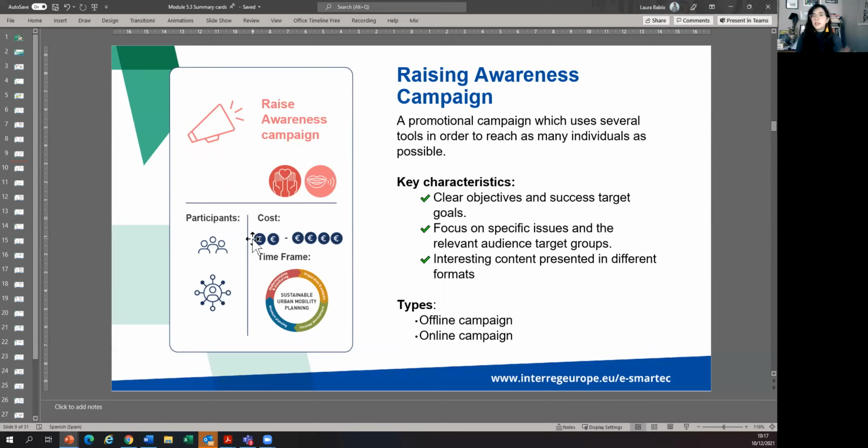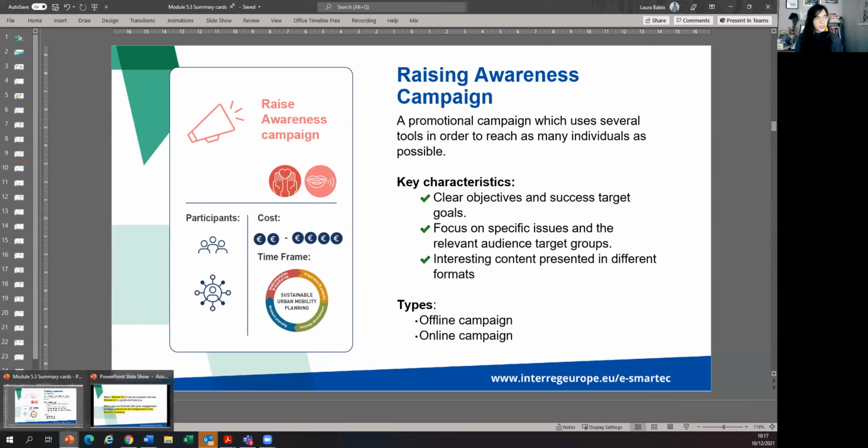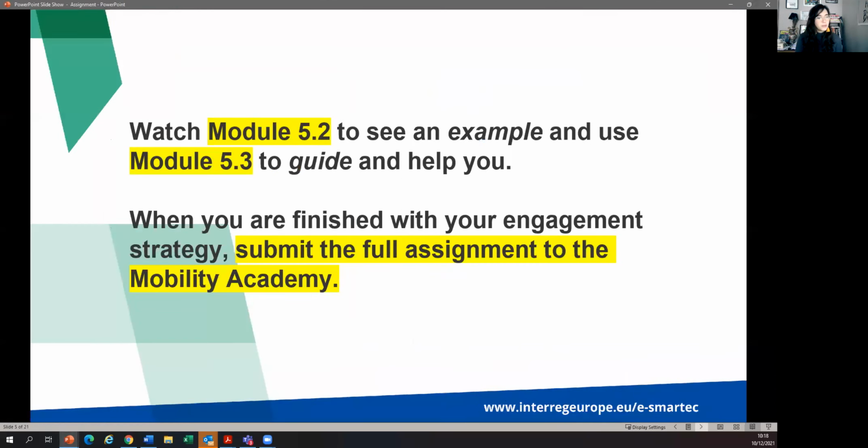So it's really the cheapest cost. This is all a hypothesis. Don't just use such a basic thought process as I have, but just to indicate that the engagement method is what determines the cost in each of the SUMP phases. And now let's continue with the assignment.